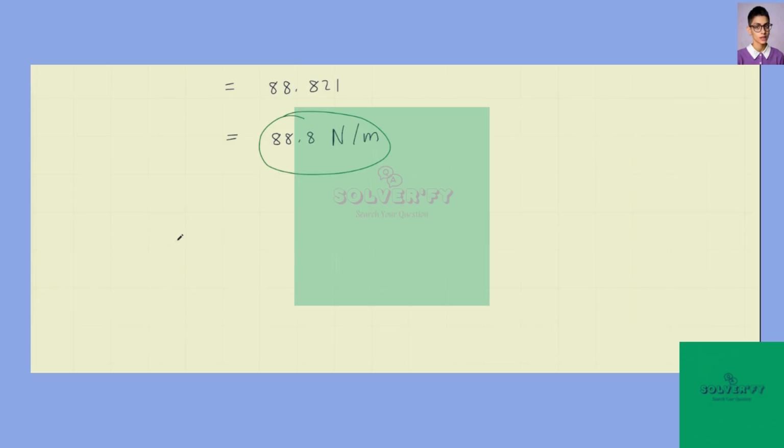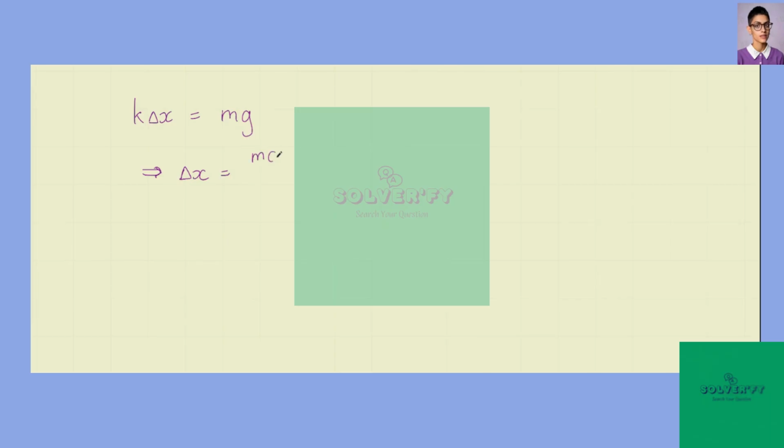Now, the stretch of the bungee cord needs to provide a force equal to the weight of the jumper when he is at the equilibrium point. So at this point, k delta x must equal mg. And so this means that the extension of the bungee cord, delta x, is equal to mg over k.